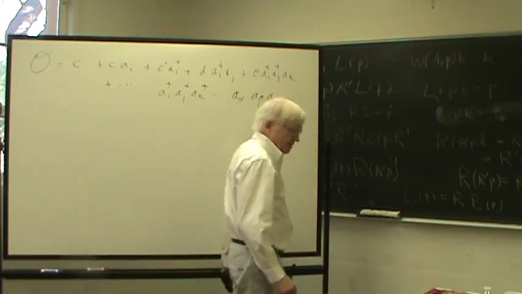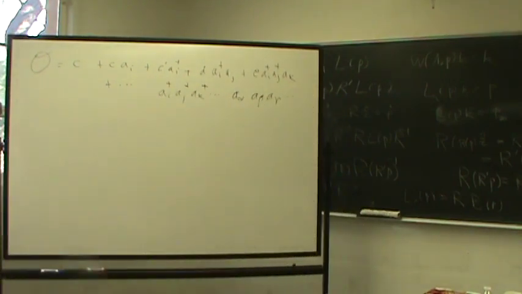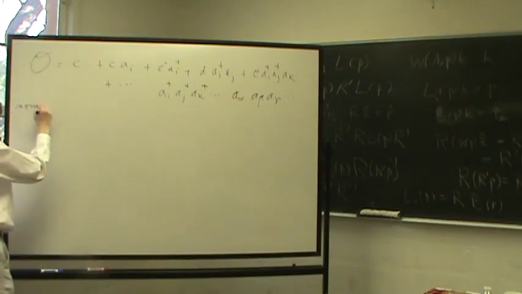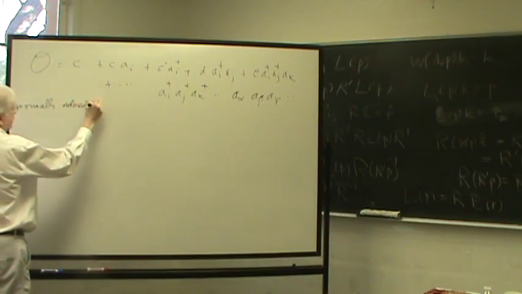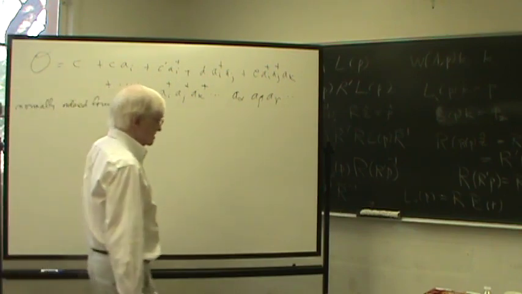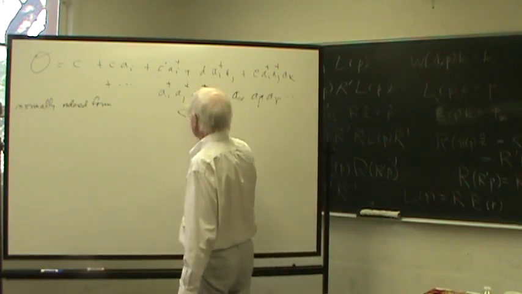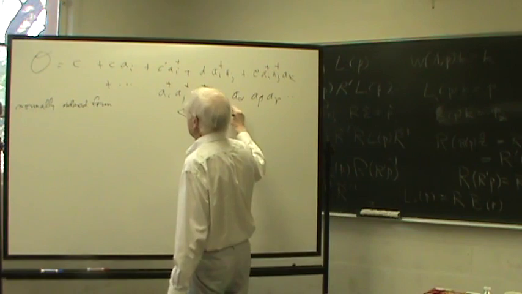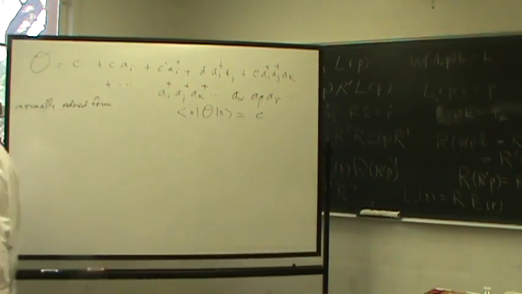In other words, by using the commutation or anti-commutation relations, you can rewrite any operator in what's called normally ordered form. And this is convenient for a number of reasons. In particular, if you take the mean value in the vacuum of any such operator, what you get is just C, because all the other terms vanish because they're normally ordered.